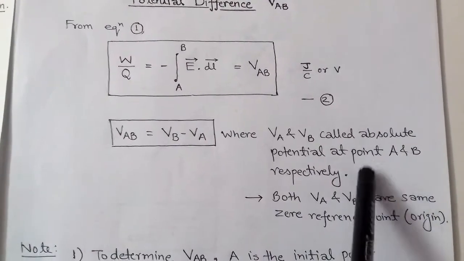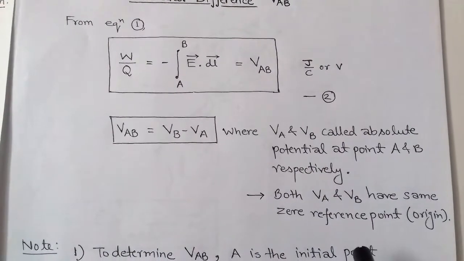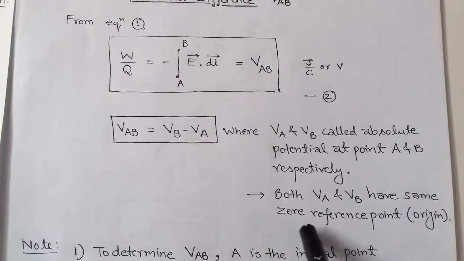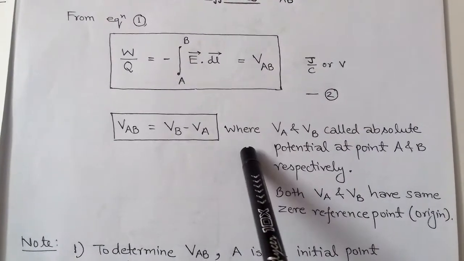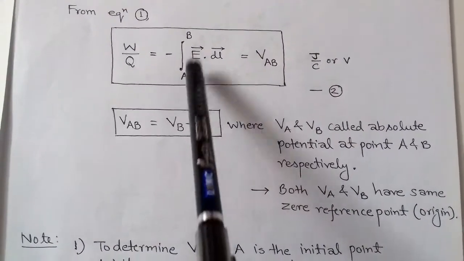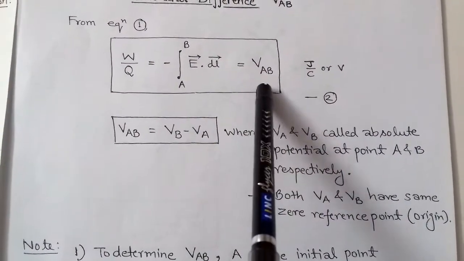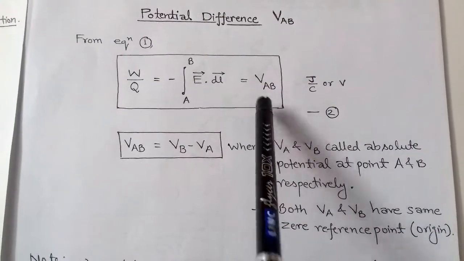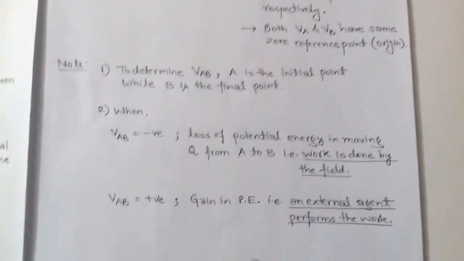These potentials are called absolute potentials, with respect to the origin. But with respect to two points we determine the potential difference VAB.